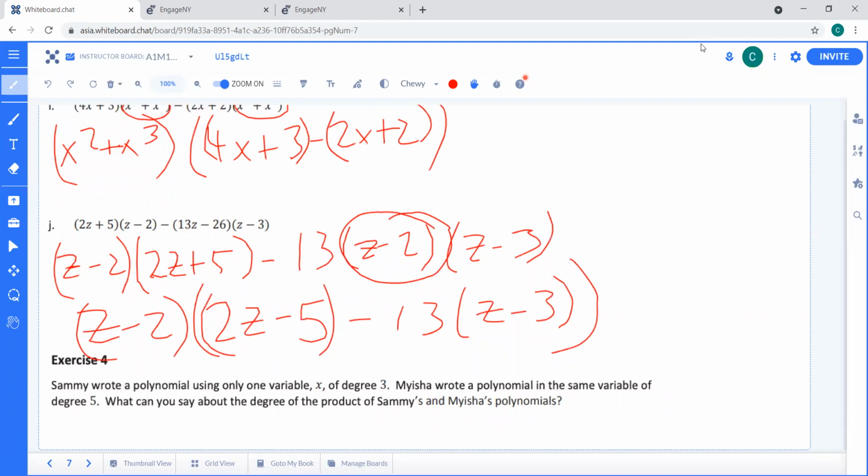Sammy wrote a polynomial using only one variable, x, of degree 3. Misha wrote a polynomial in the same variable of degree 5. What can you say about the degree of the product of Sammy's and Misha's polynomials?